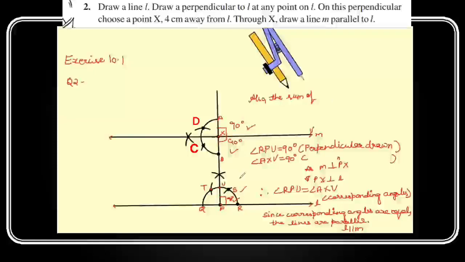You can also see that the sum of the interior angles on the same side of the transversal is equal to 180 degrees. That means 90 degrees plus 90 degrees. That means the lines are parallel. Both the things are matching.